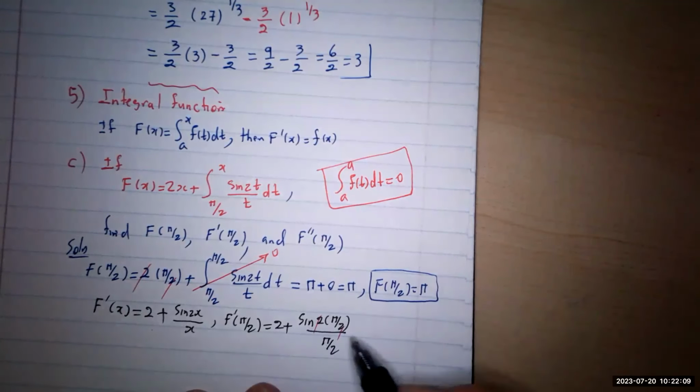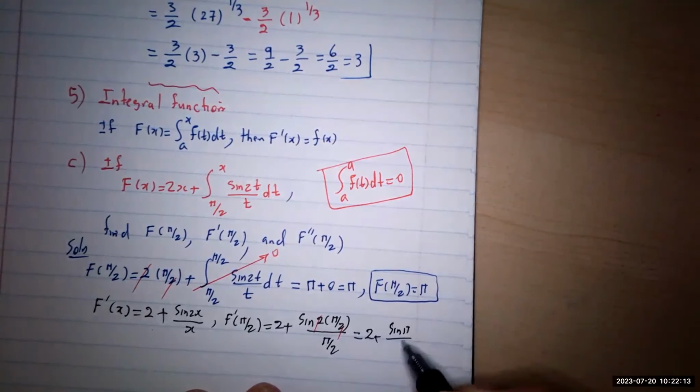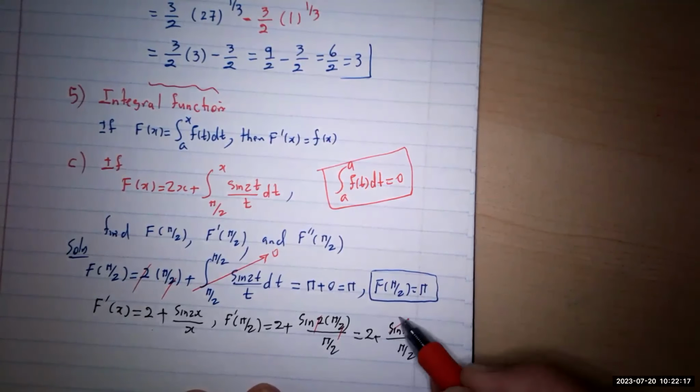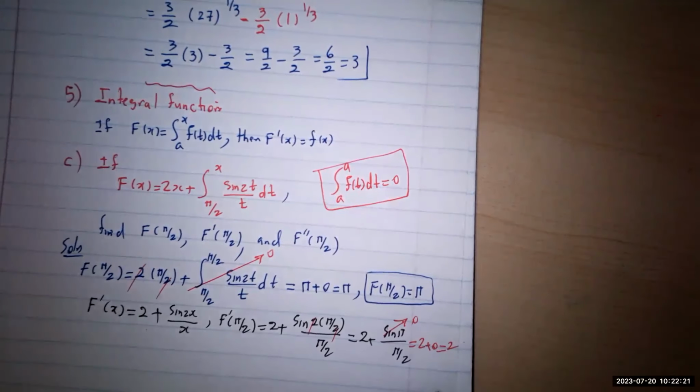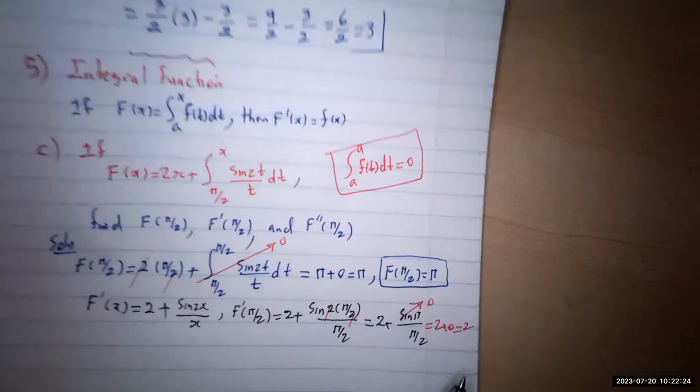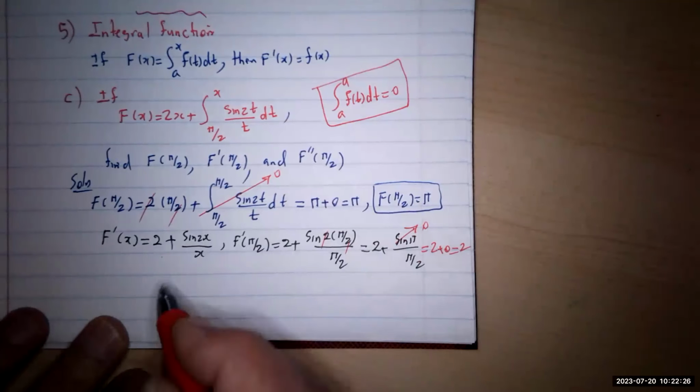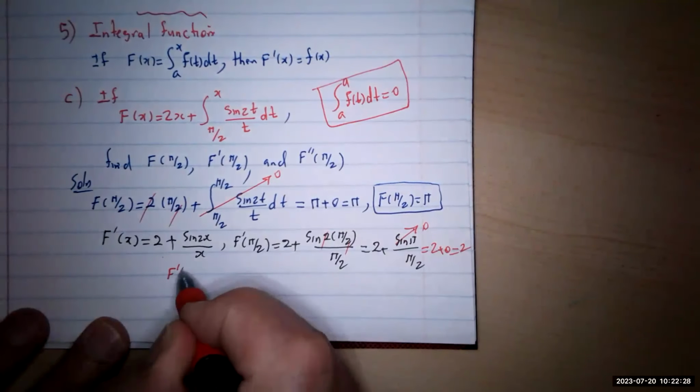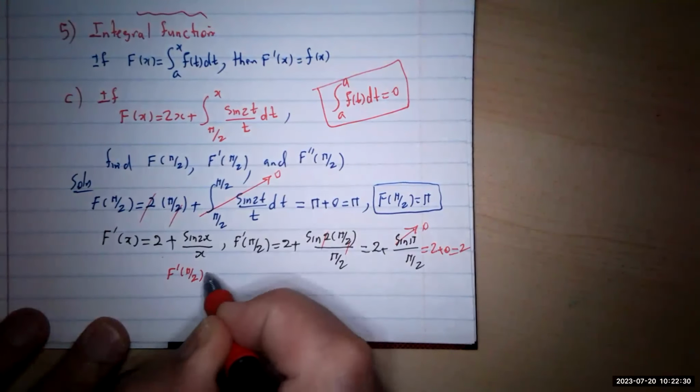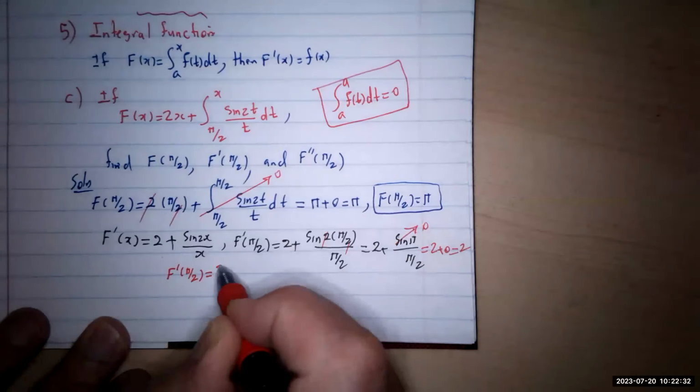So this is going to be 2 plus sine of pi over pi half. Sine of pi is 0. So this part would be 0. 2 plus 0, which is 2. So f prime of pi half is equal to 2.